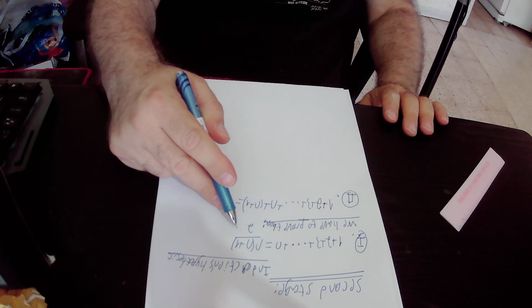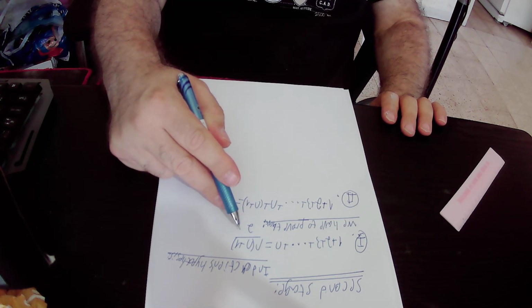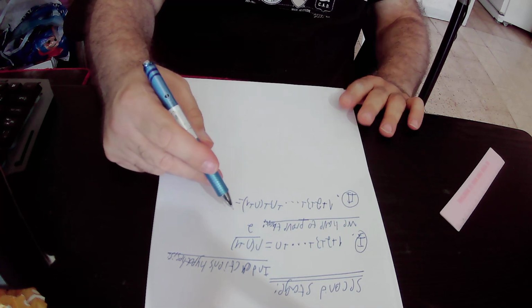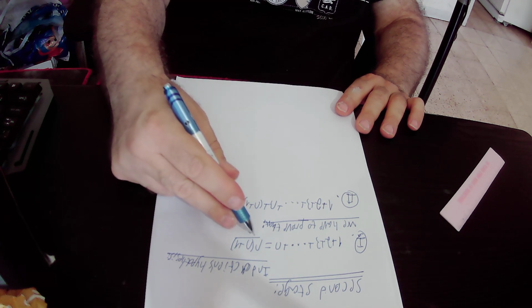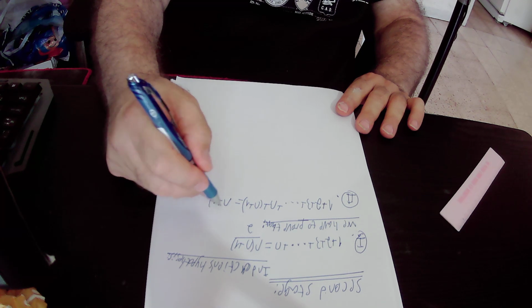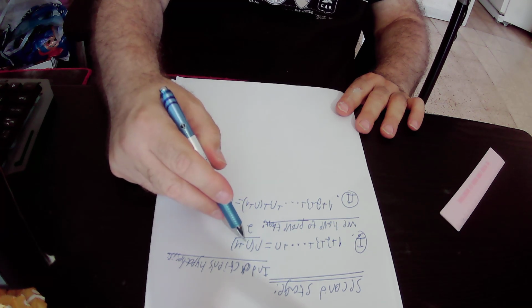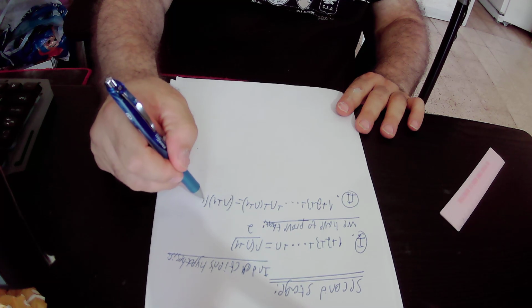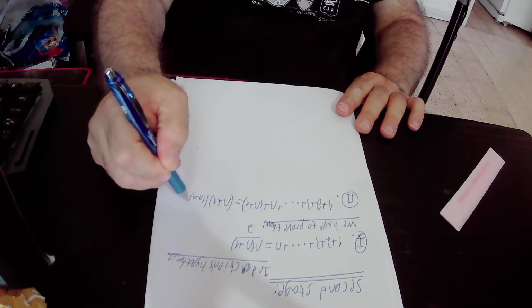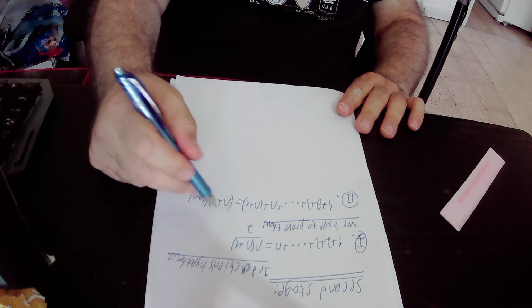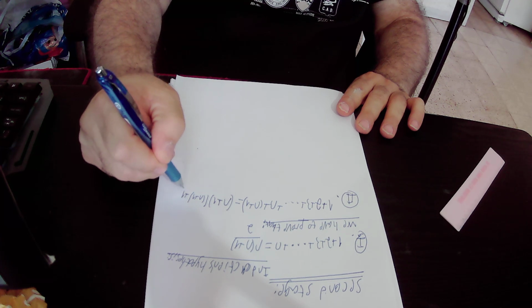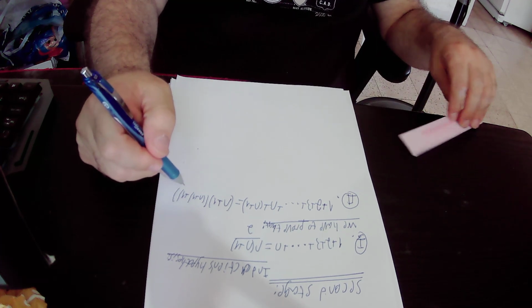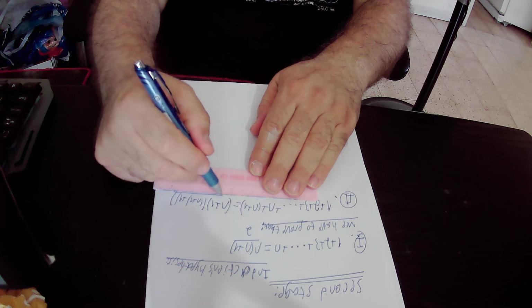So wherever n is written in the original statement, we will write n plus 1 because we want to prove that the statement is true for n plus 1. So here n is written, we will write n plus 1, and here n is also written, so we will also write n plus 1, and it is n plus 1, so we will add to n plus 1 the 1, all divided by 2.